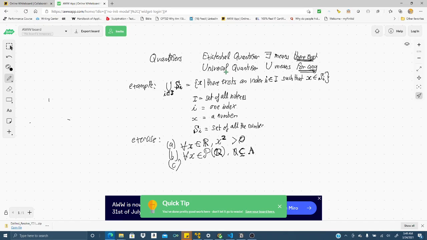C says there exists a number n that belongs to the natural numbers N such that for all n that belong to the natural numbers N, n multiplied by n equals n.